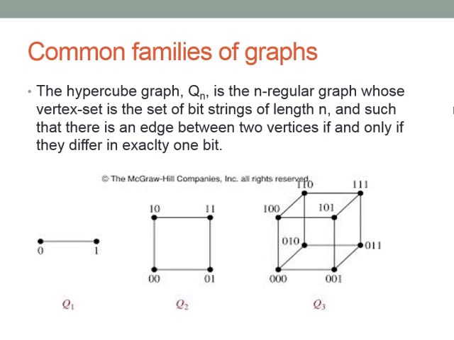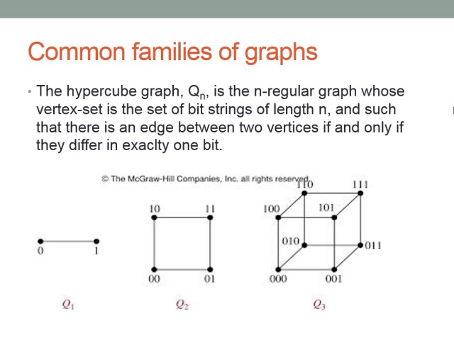So that's why we have that many vertices. We want to label each vertex with a binary string of length n, or when n is 2, we want to label each vertex with a binary string of length 2. Now that the vertices are labeled, this helps us determine where the edges are.